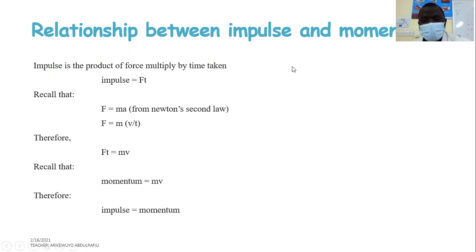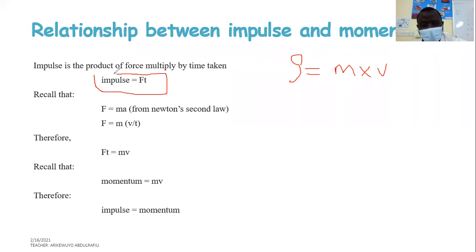Remember that when we talked about momentum in the last class, we said that momentum is equal to mass multiplied by velocity. This is talking about mass and velocity. Impulse is talking about force and time. But there is a relationship between the two of them, right? From Newton's second law, you know that force is ma, mass multiplied by acceleration.